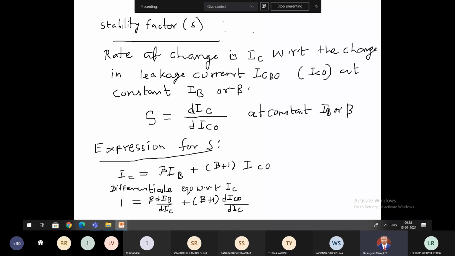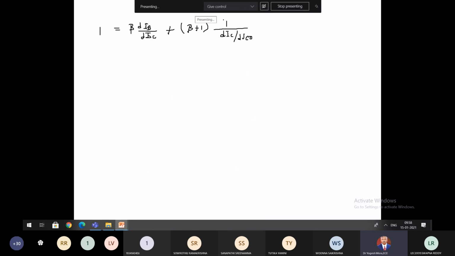Right, you see this expression. Only what I made the change, see here. Here it is written dICO by dIC. So this simply I have written in this way, 1 by dIC by dICO. It is exactly same, right? How I have written in last expression.